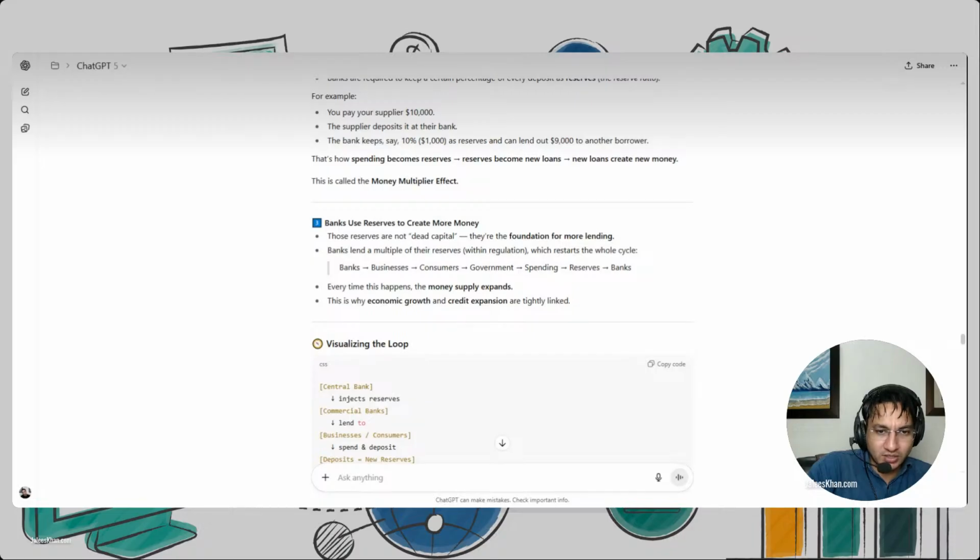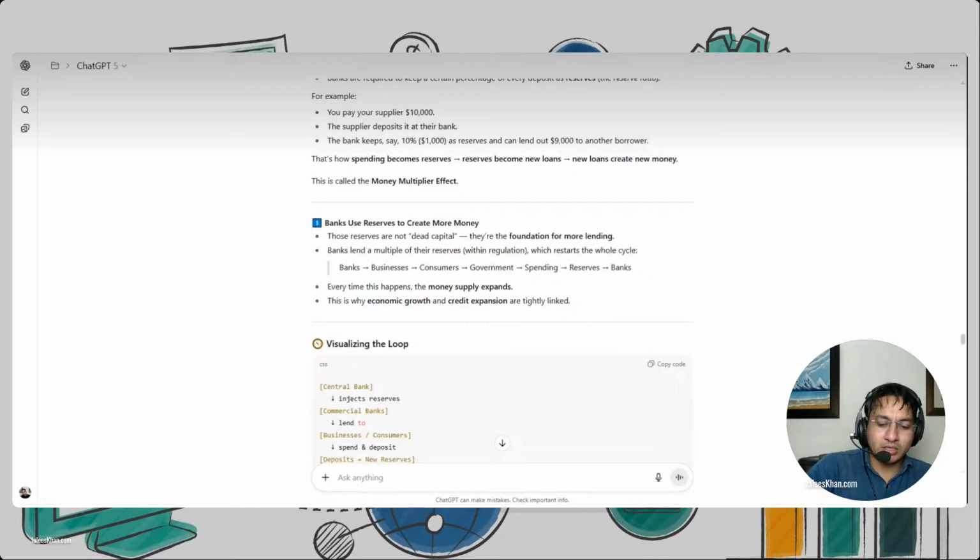These customers buy goods and pay the sales taxes, and that tax goes to the government. The government spends on infrastructure or something like that, and does the same thing as a business. It goes to suppliers or employee salaries.